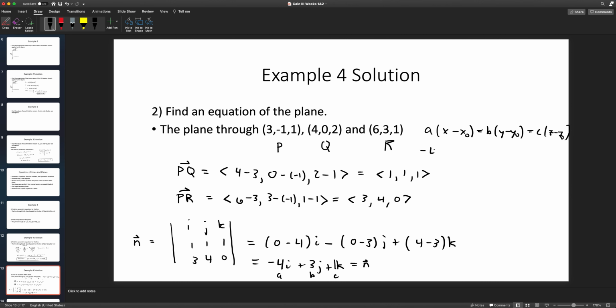So we have negative 4 times (x minus 3), I'm just going to choose the point (3, -1, 1). The second one is going to be 3 times (y + 1). And the last one is going to be 1 times (z - 1). That's the equation of our plane.